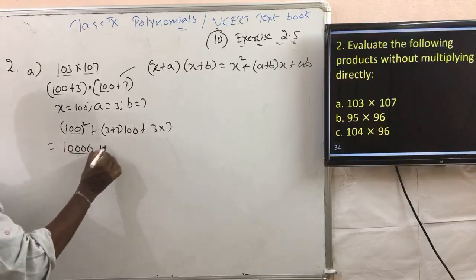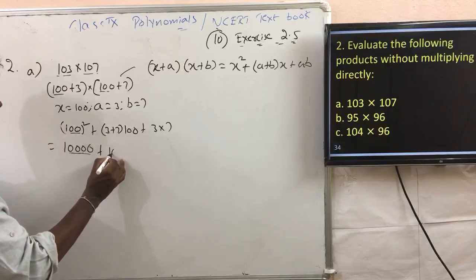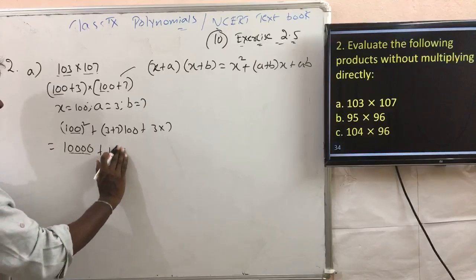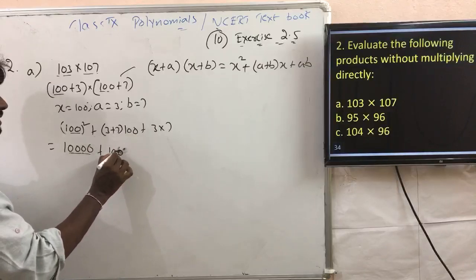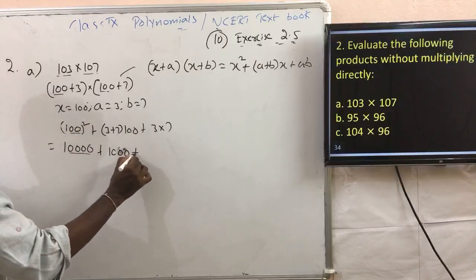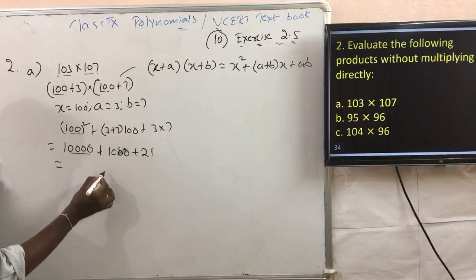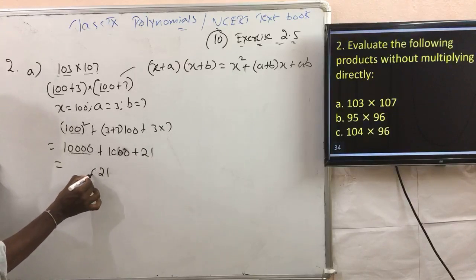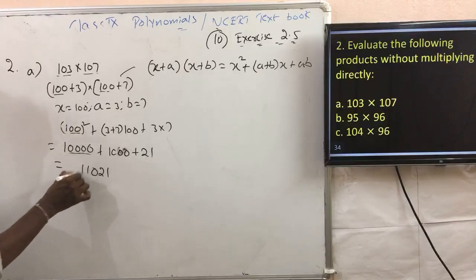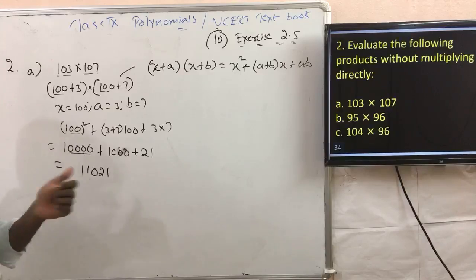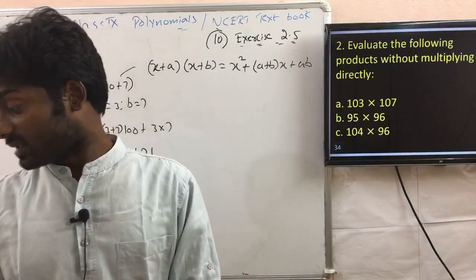Plus 7 plus 3 is 10, 10 into 100 is nothing but 1000, and plus 21. Now go with the linear addition. 1 plus 0 plus 0 is 1, 2 plus 0 plus 0 is 2, 0, 0 plus 1 is 1, 1. So 11,021 is the answer.